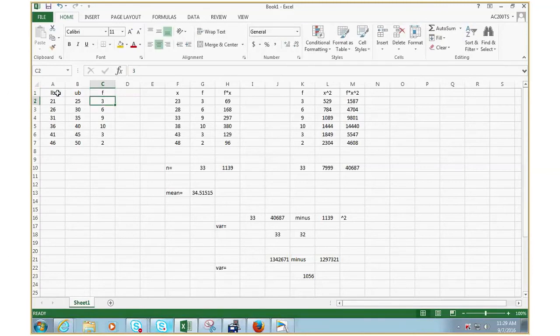So with each frequency distribution, you have a class which has a lower class boundary and upper class boundary, 20 to 25 years old, or 21 to 25 years old, 26 to 30 years old. Those are classes, and that's what they look like. And then you have your frequency, which is your head count. So write this down right here, and then we will go through and find the mean and the standard deviation.